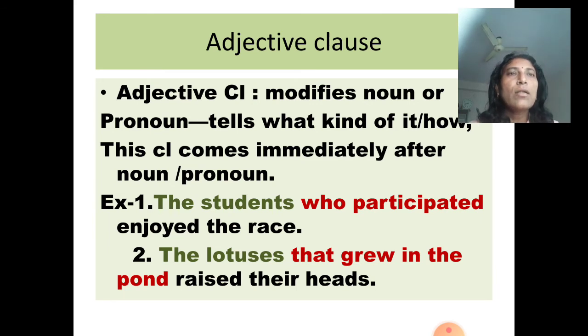The lotuses that grew in the pond raised their heads. The lotuses that grew in the pond, this is a subordinate clause, and among them it is an adjective clause because that grew in the pond describes the lotuses. So in this way it is very simple to identify an adjective clause, just immediately after the noun.